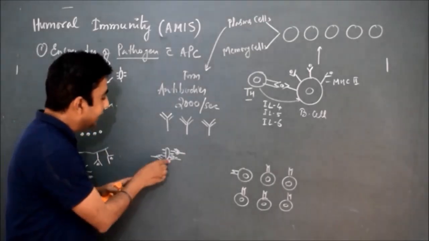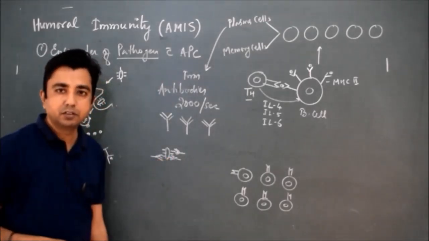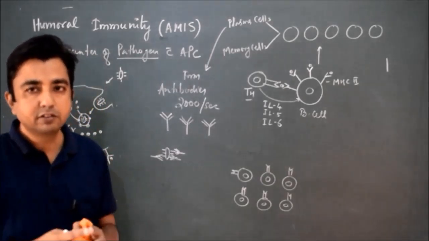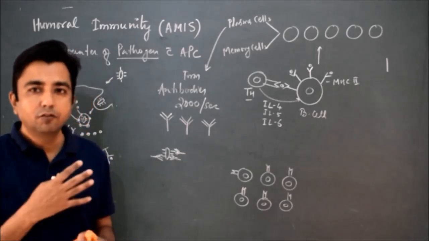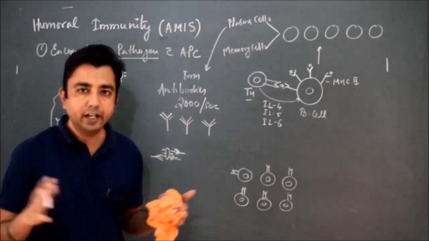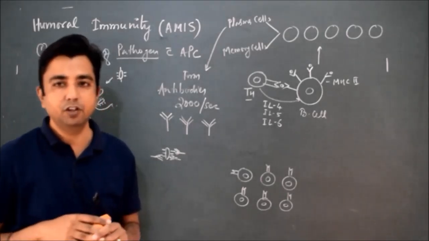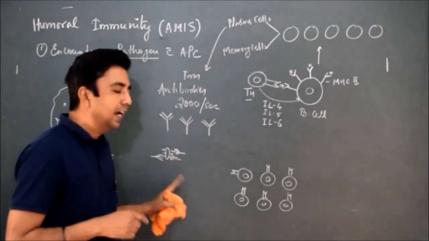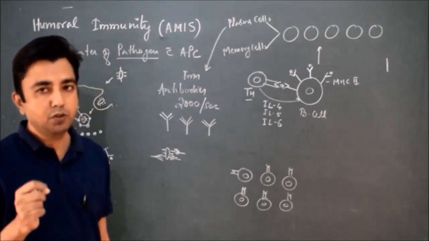The complement system proteins are flowing in the blood all the time, but in an inactive form. They get activated only when this antigen-antibody complex is formed.